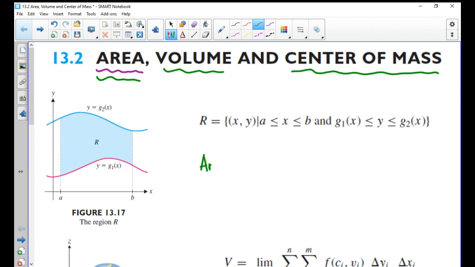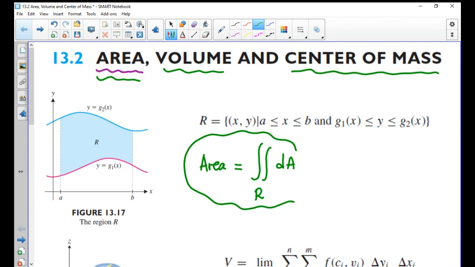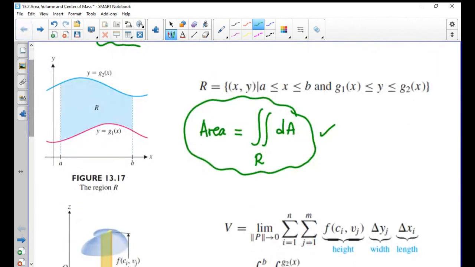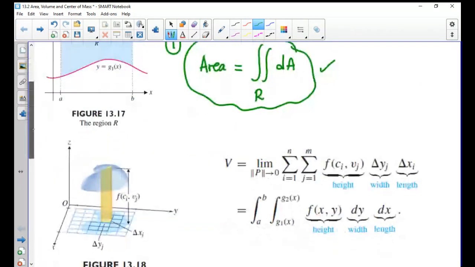When you want to find the area of a region R using double integration, you will find it by integrating the function 1. So the area is the double integral over R of the function 1 multiplied by dA, so I will just write dA, and we will see some examples in a moment.